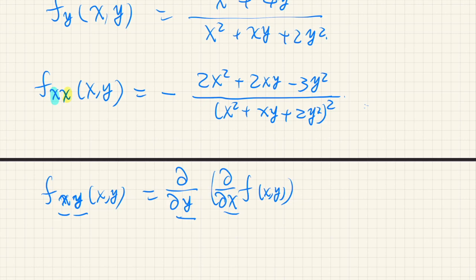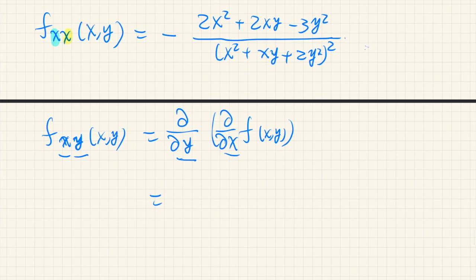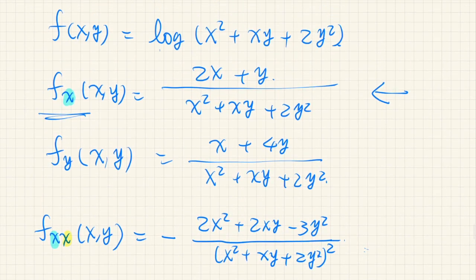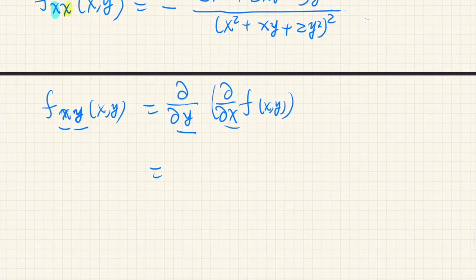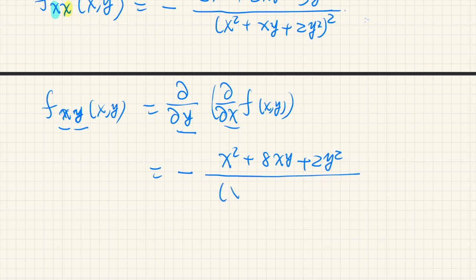So this notation is a little bit twisted. But anyway, if you differentiate this function with respect to y, you should have, I will just give you the answer, that is minus x squared minus 8xy minus 2y squared over x squared plus xy plus 2y squared, squared.